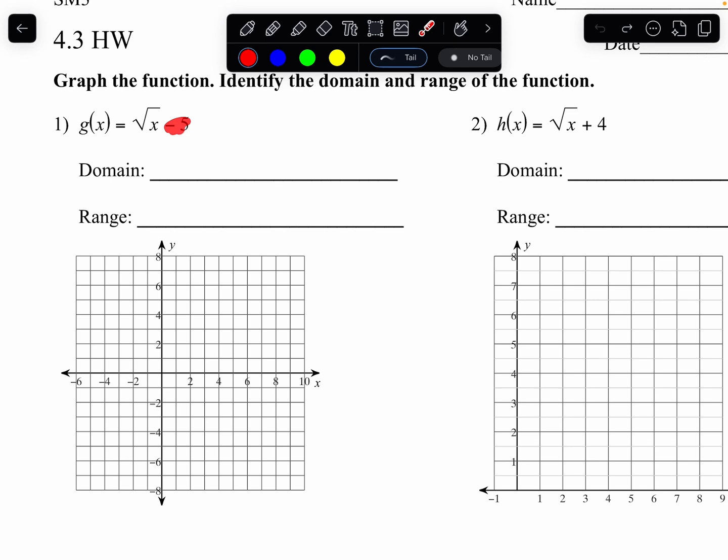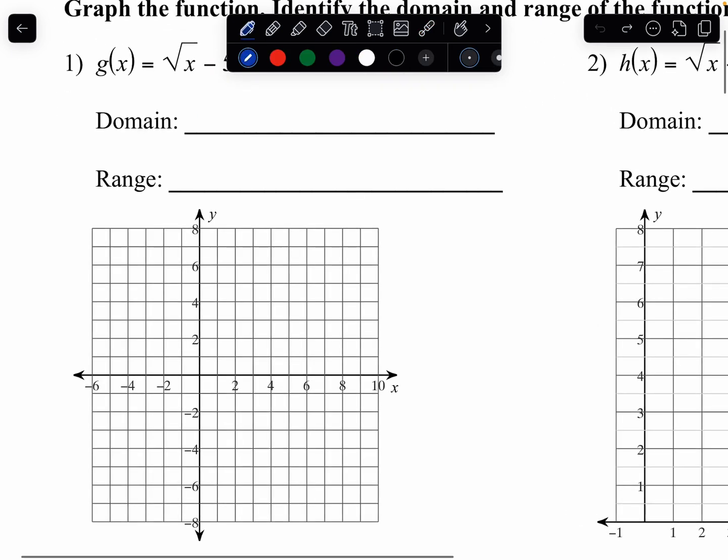So minus 5 means, well, let me just draw the parent square root function. That's going to be here, so up 1 and over 1. Then I'm going to go up 1 and over 3. Then up 1 and over 5. So 1, 2, 3, 4, 5. There we go.